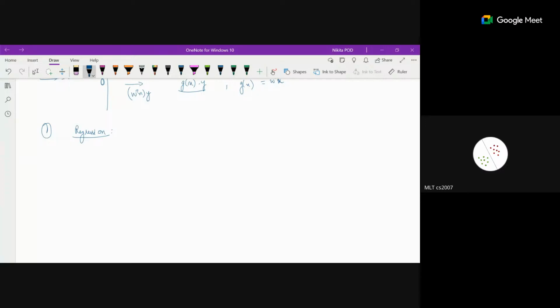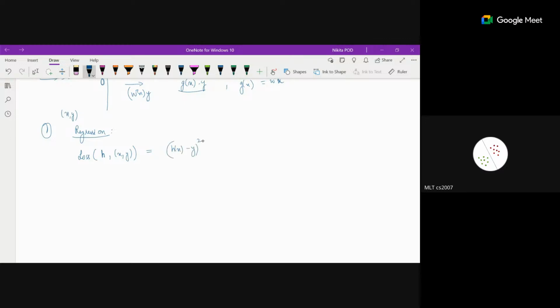If H is your model, and you take one data point x comma y, the loss of this function can be defined as H of x minus y a whole square.